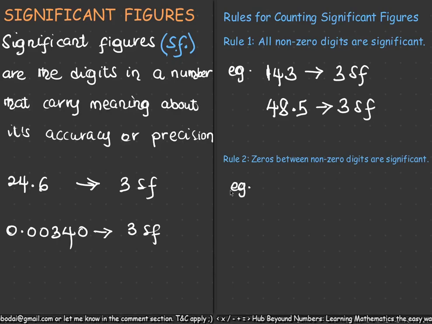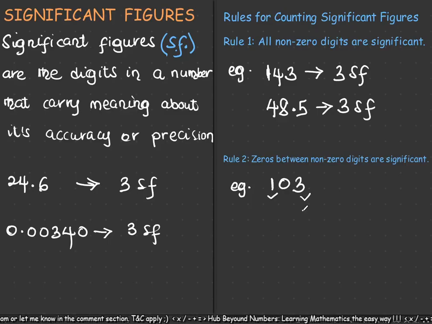It is important you take note of the rules, because without the rules, you cannot determine them. Hence, as I wrote earlier on, if we have 1, 0, 3, how many significant figures do we have over here? First of all, we know the rule that says all non-zero digits are significant. Hence, this is significant, and same applies to the 3 over here.